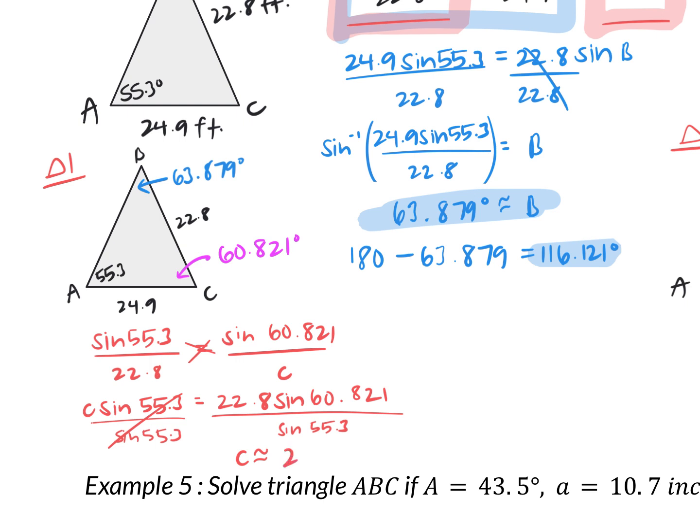So I got 24.213, and my units for lowercase c here is going to be feet. So for my triangle number 1, I solved for side length C. I got the angle measure C, and I got the angle measure for B. So those are the three things that were unknown in that triangle.